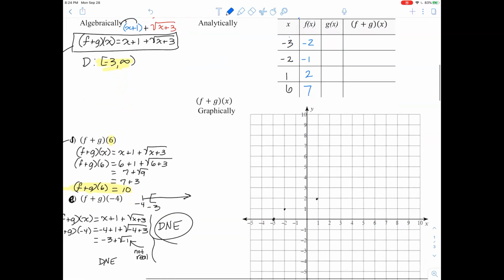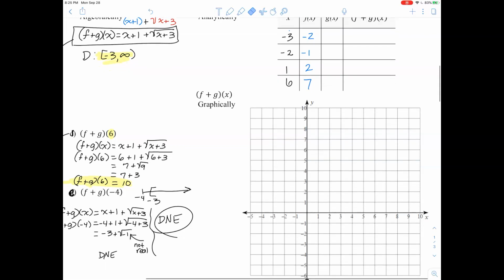So let's go ahead and graph that line on here because we're also going to add these two functions on the graph. So we have -3, -2, -1, 1, 2, and then 6, 7, and you can see that's that linear equation right there.